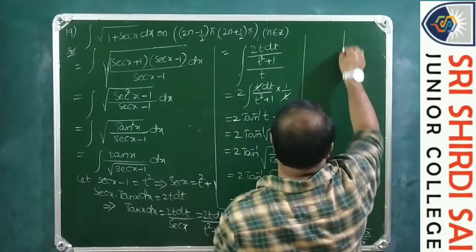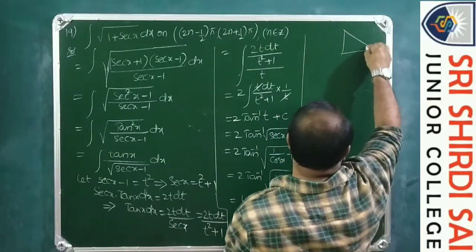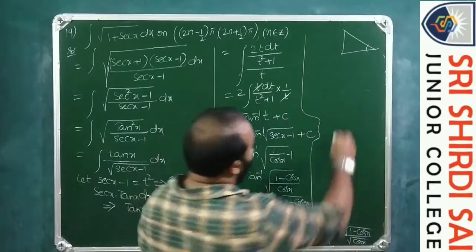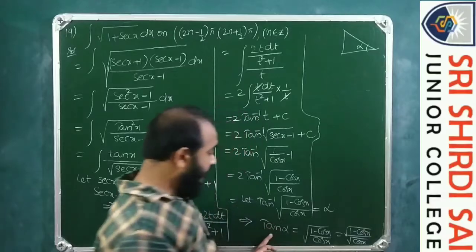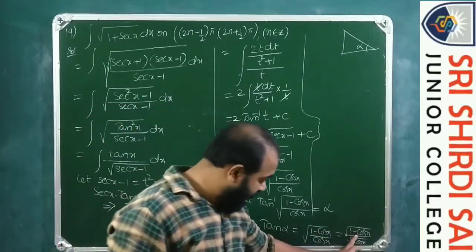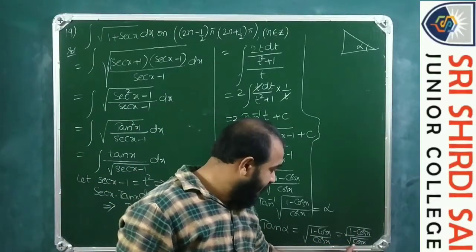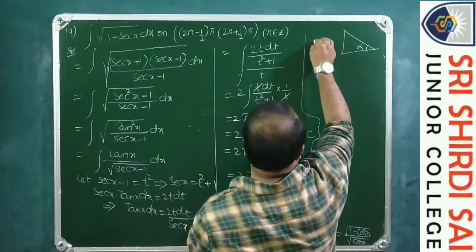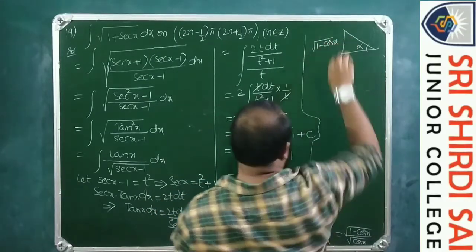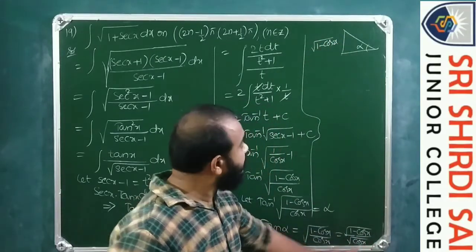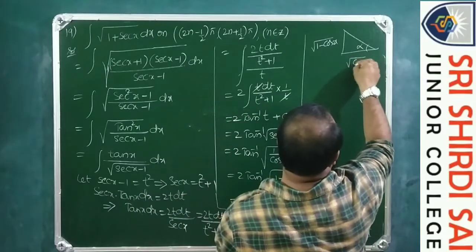So let us construct a right angle triangle. This is alpha. So tan alpha is nothing but opposite side by adjacent side. Opposite side is root of 1 minus cos x. Adjacent side is root cos x.